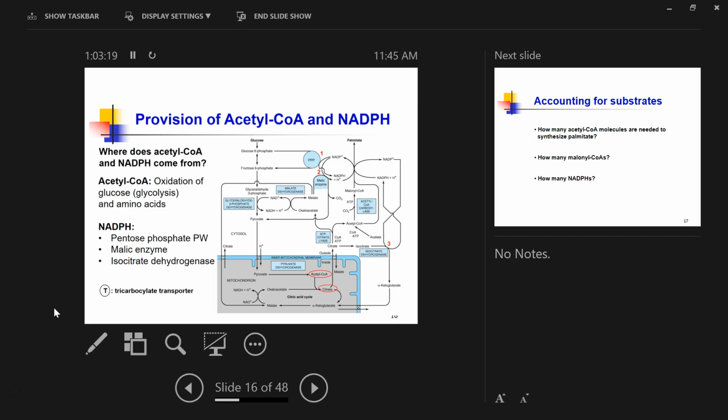So again, NADPH comes from 3 sources. One is the pentose phosphate pathway, the second is the malic enzyme catalyzed reaction, and the third is the isocitrate dehydrogenase catalyzed reaction.